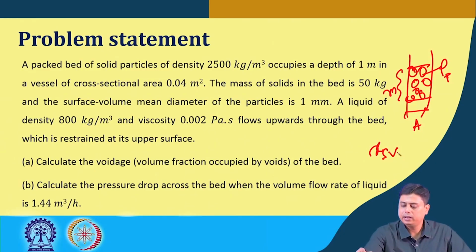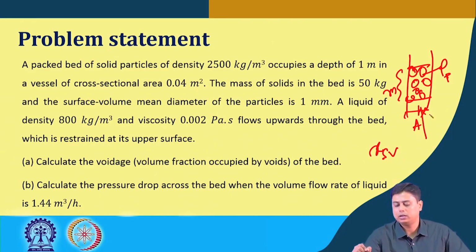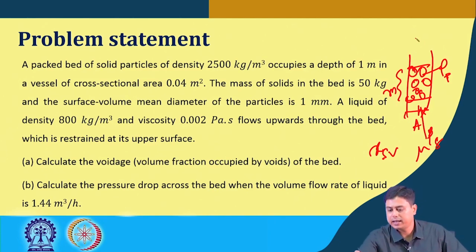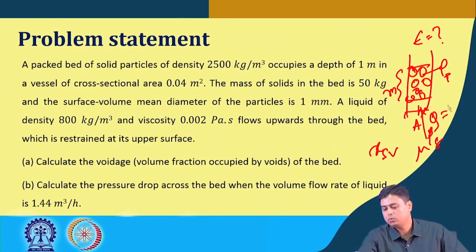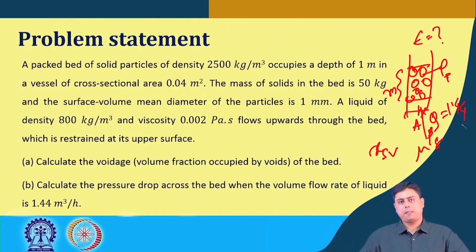The liquid that goes upward, that rho f is also mentioned here and mu of the liquid is given. So, we have to calculate the voidage, that is the epsilon at first, and the pressure drop across the bed when this flow rate is 1.44 meter cube per hour. This is the overall problem statement.